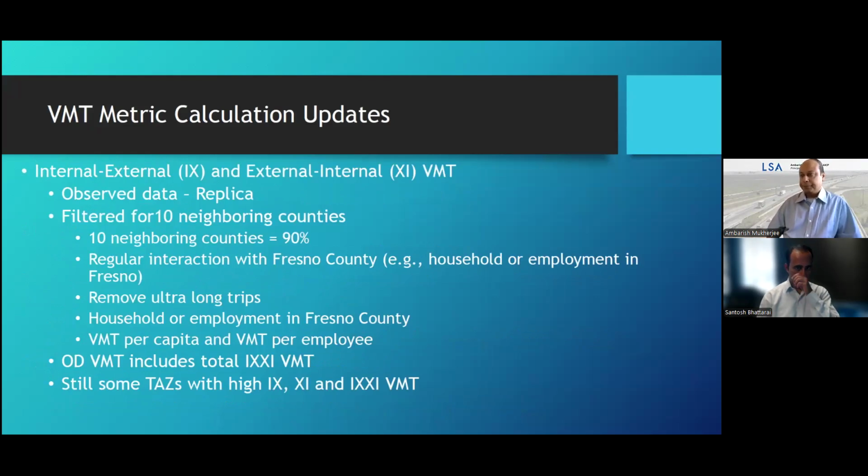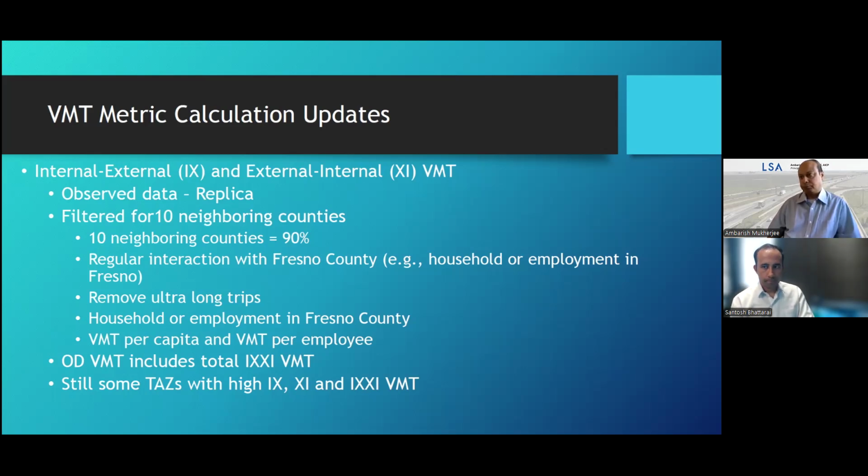Okay. Yes, so I think Amrish and Santosh touched on it. One of the big changes, at least on the SB743 side, is the internal-external VMT. And as Santosh mentioned, we use Replica. Before, Replica data as it came was used in the model itself, but in OD format.